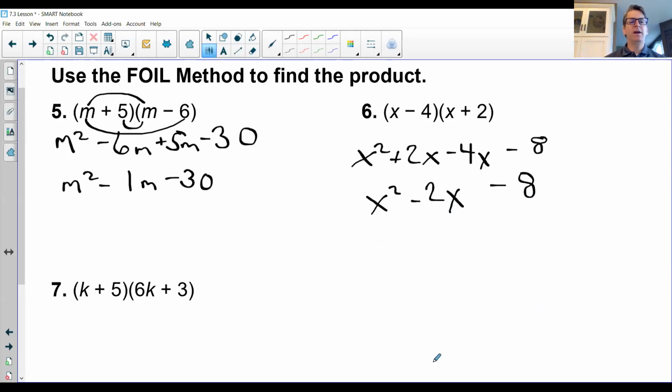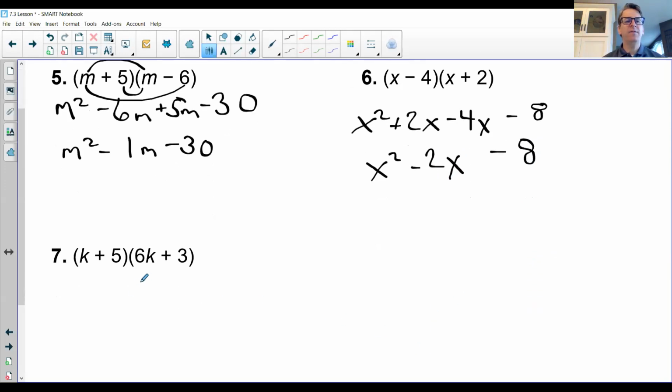And lastly today, folks, k plus 5 times 6k plus 3. Here we go. So you got the first times the first. K times 6k is 6k squared. Next is the outer, 3 times k. Next is the inner, 5 times 6k, or 30k.